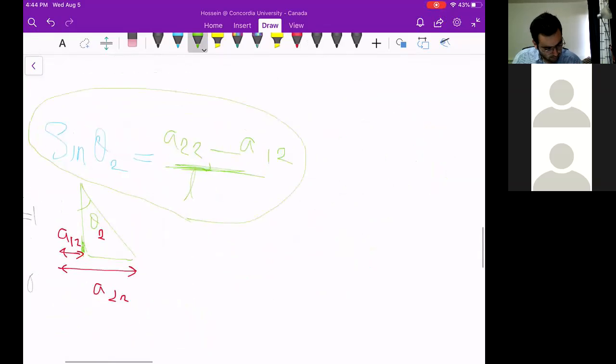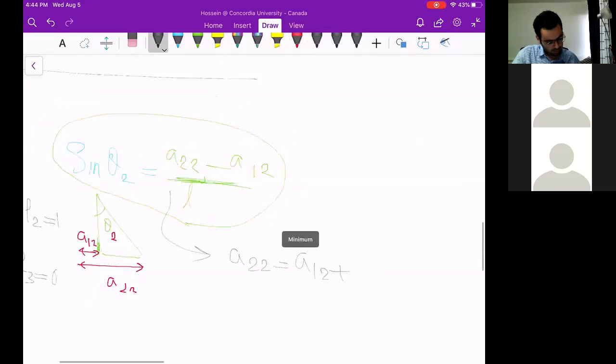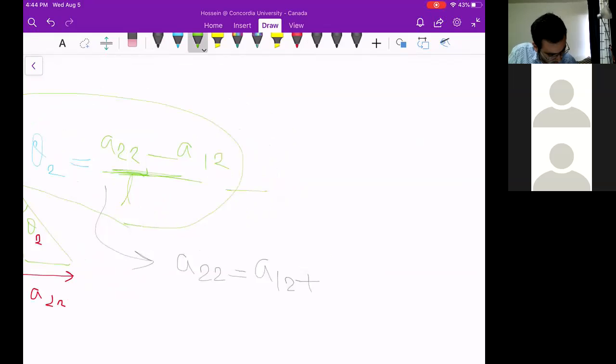So if you manipulate and isolate A22, let me write it.